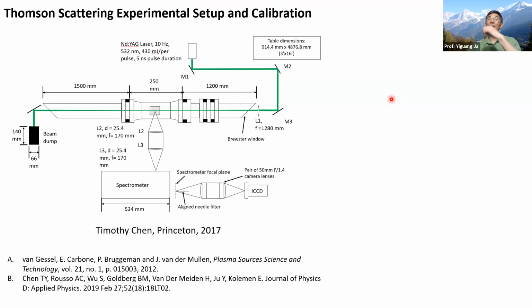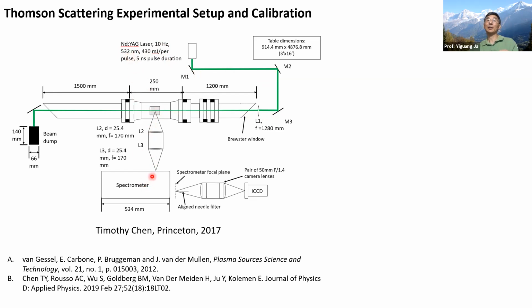For example, you can set this up at Princeton in my lab, where Tim Chen, my graduate student, helped set up the Thomson scattering. You have a Yiguang laser generating 532 nanometers with about half a joule per pulse, and you direct this into this kind of reactor. This is a plasma reactor. When you have plasma discharge, the Thomson scattering signal is collected through this, and because it is elastic scattering, it is at the same frequency as the laser beam.